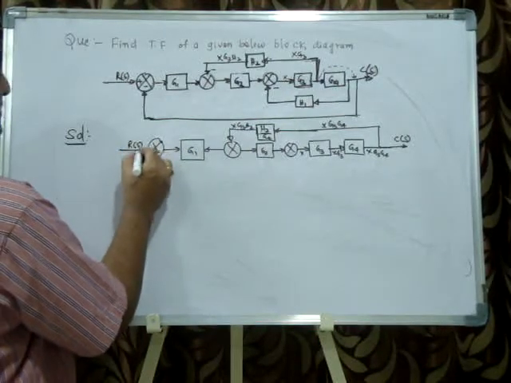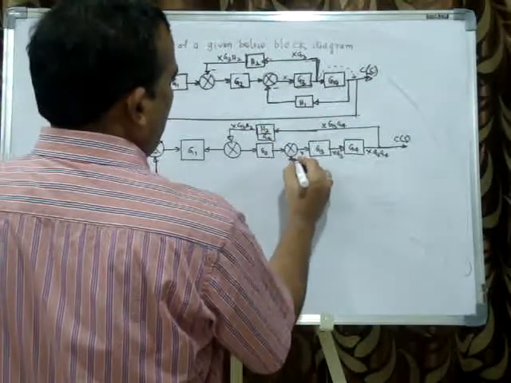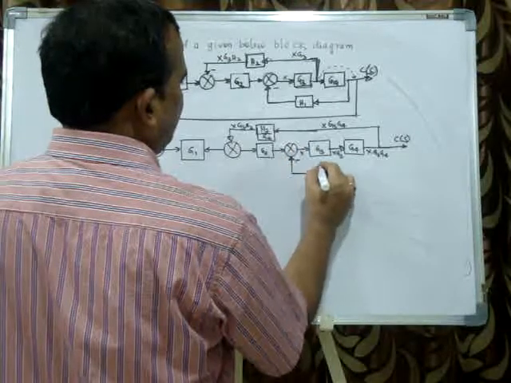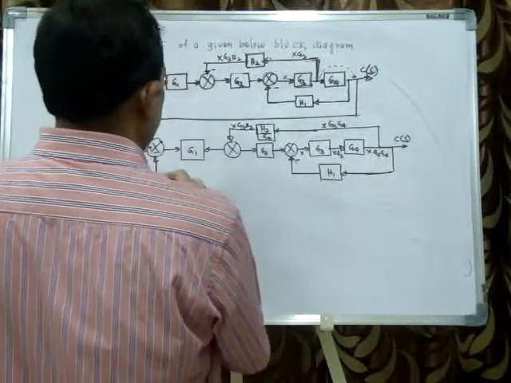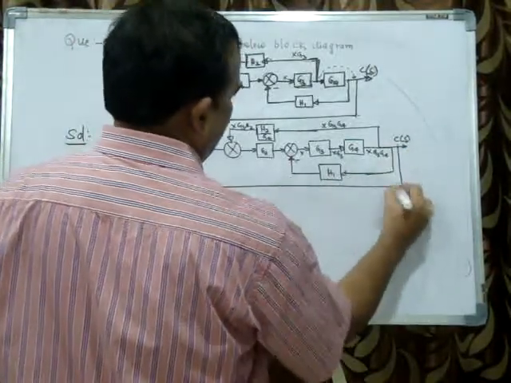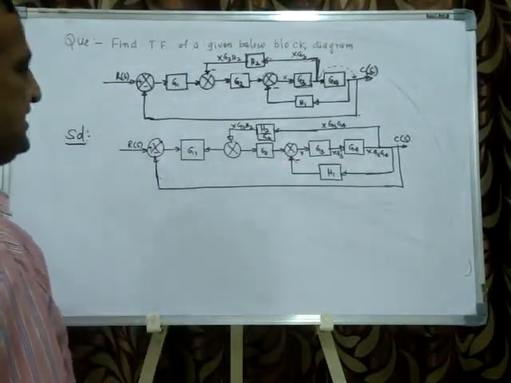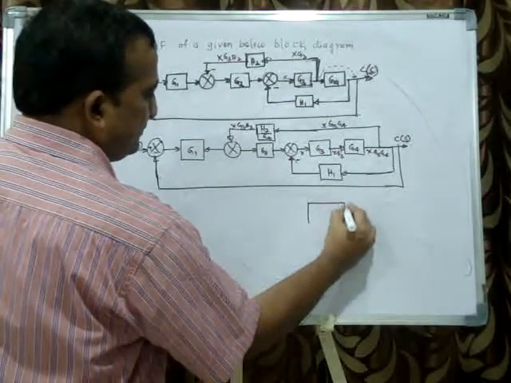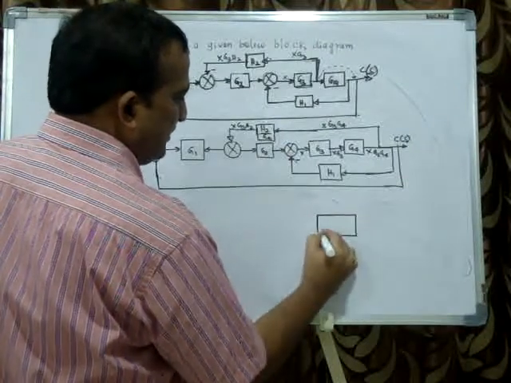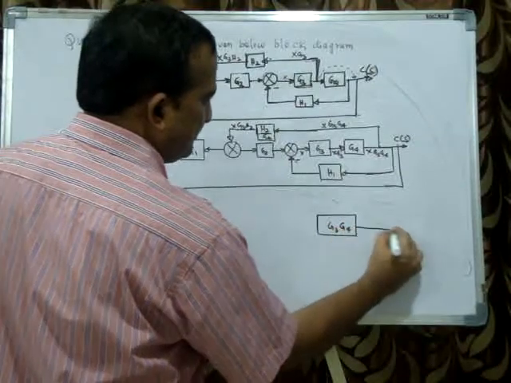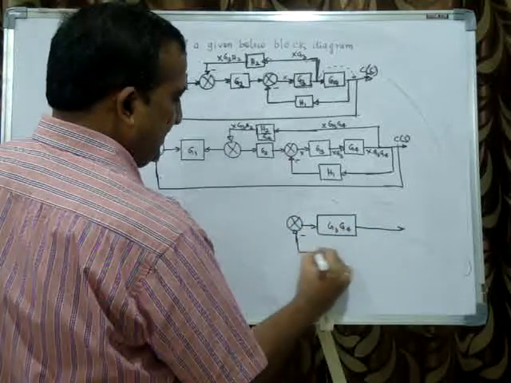So here R(s), plus, minus, and here minus H2. Now these two blocks are in series. These two blocks are in series. So G3 G4. Now this is the summing point. Here minus sign.